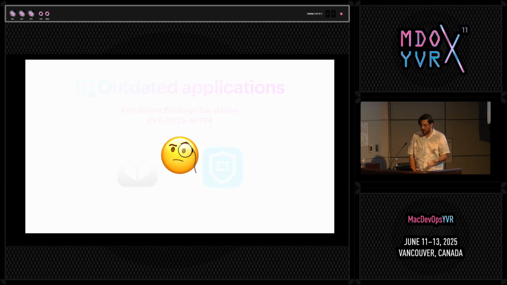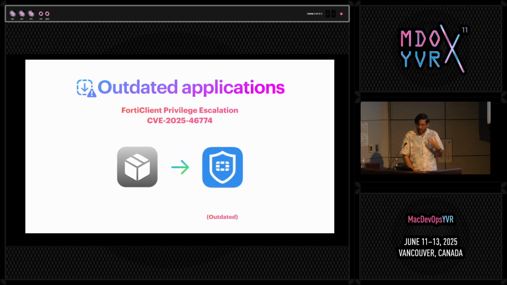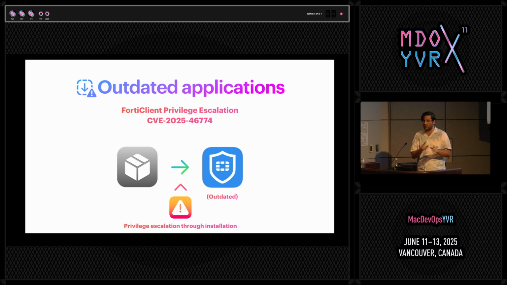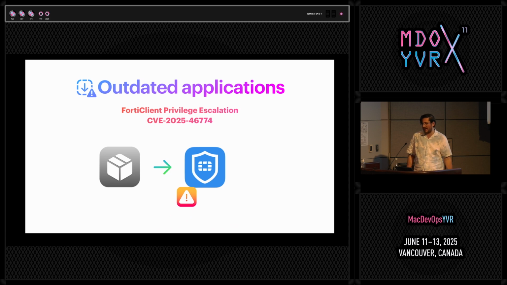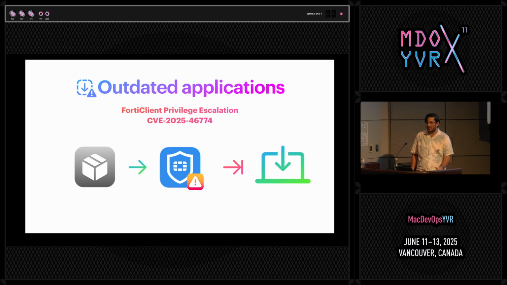Pretty straightforward. Well, the problem is FortiClient's outdated. And through the installation, not the presence of FortiClient, but the installer itself, you're able to get privilege escalation. Now this install is compromised, and any updates after that aren't going to be perfect because you've got to remediate that machine specifically.